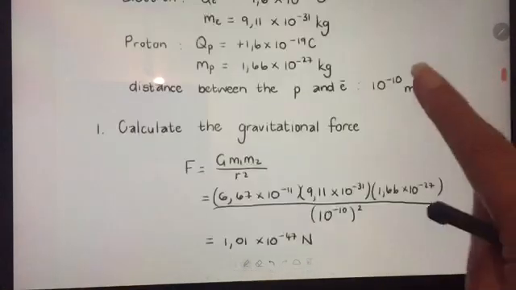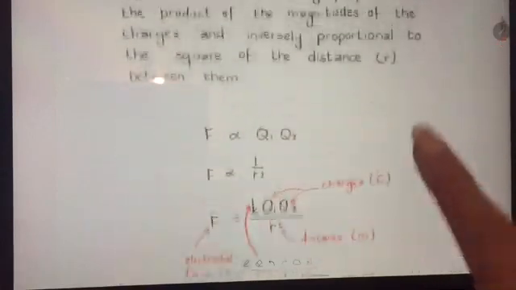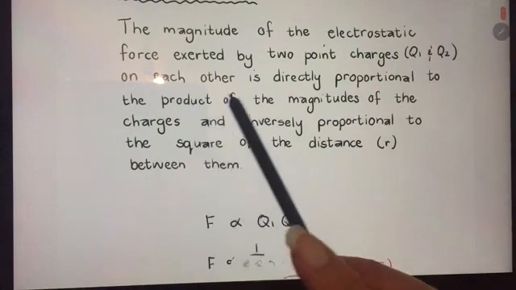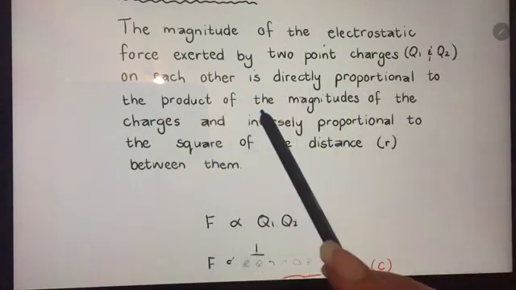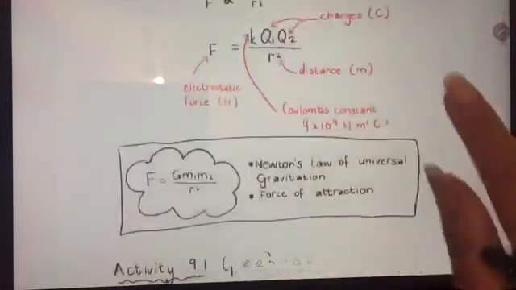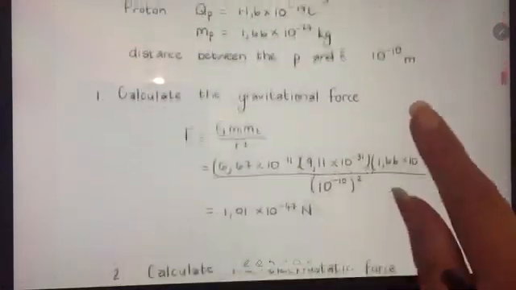Because if we go back to Coulomb's law, it actually says here, force exerted by 2 point charges on each other is directly proportional to the product of the magnitudes of the charges. So it's only the magnitude that we fill in, not the sign.